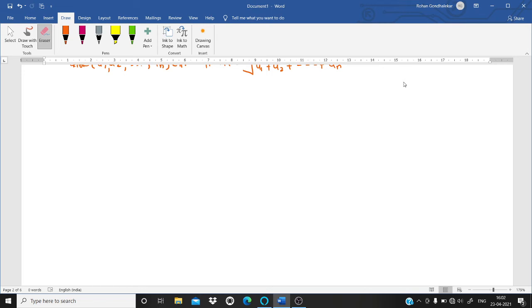So hence, we are going to define an inner product over real spaces. That is, it's a Euclidean inner product called as a dot product.